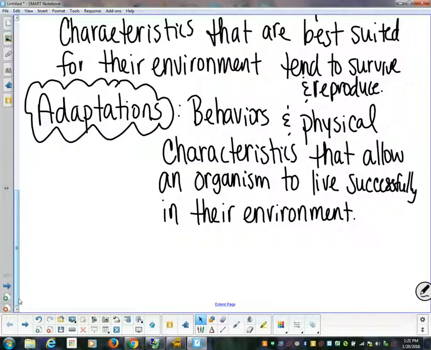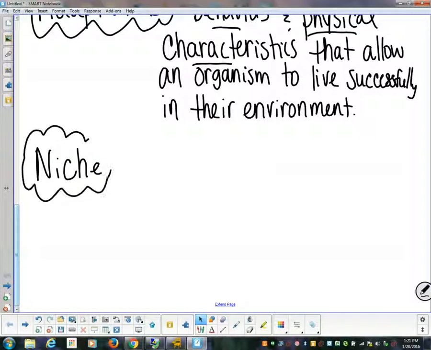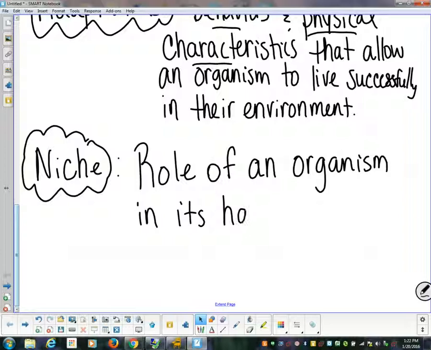And so that role that it plays to give it its physical characteristic or its behavior is called something known as a niche. And a niche is the role of an organism in its habitat.